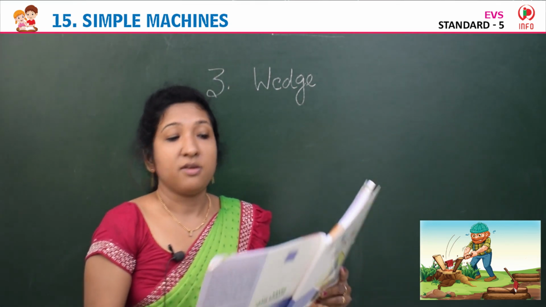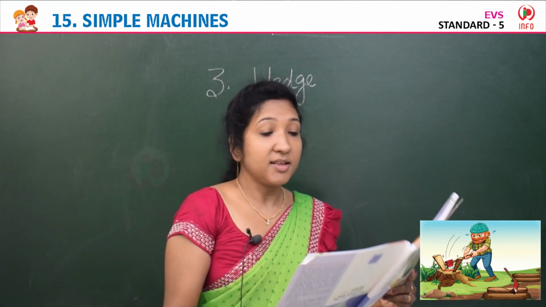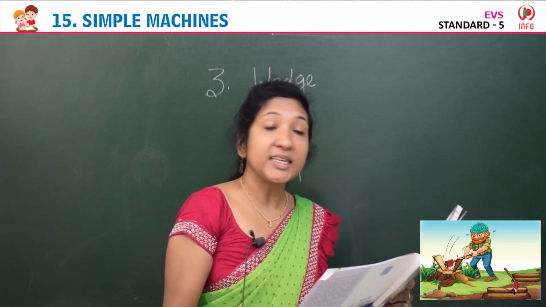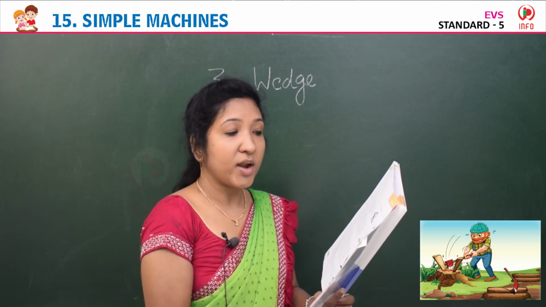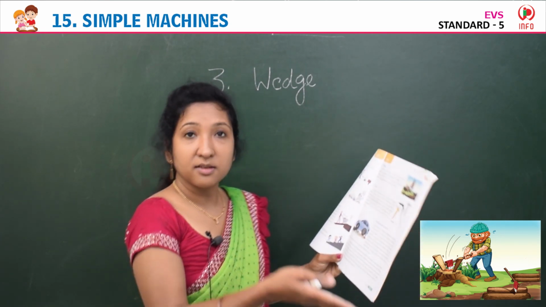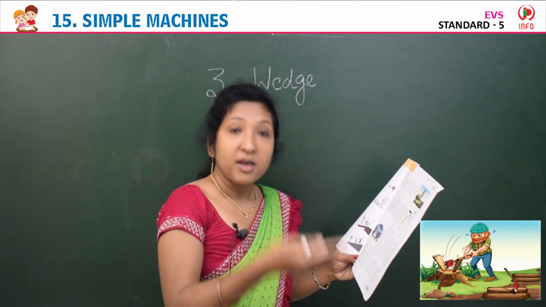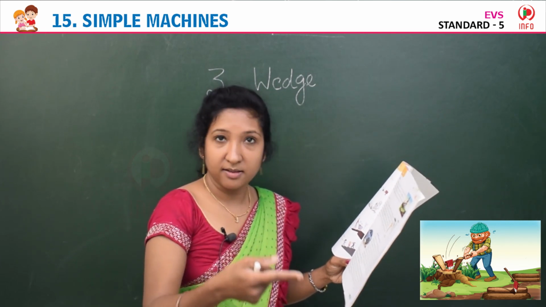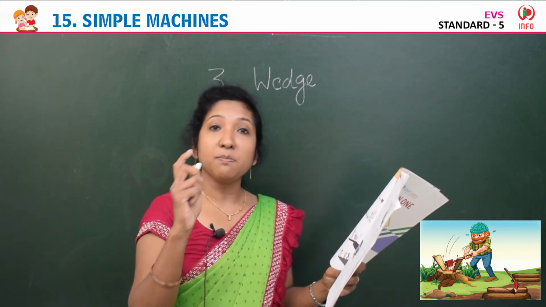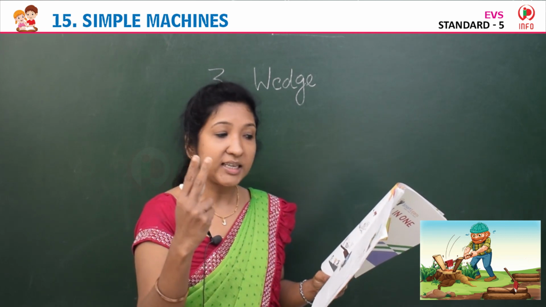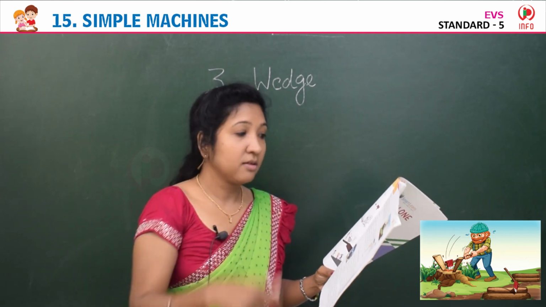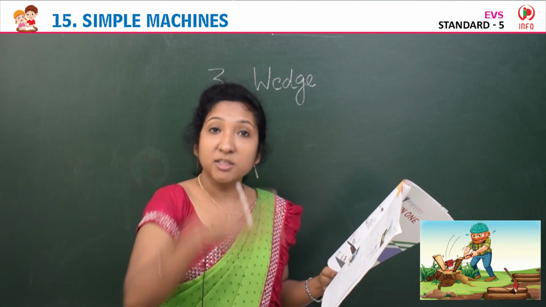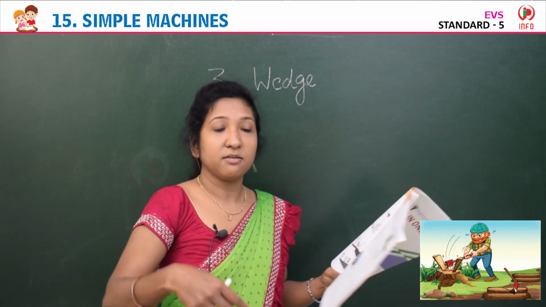A knife, an axe and a chisel act like two inclined planes put together and are examples of wedges. We can see in the picture knife, axe, chisel. Okay, it is a simple machine. It has two inclined planes. The sharp blade of a wedge helps in splitting and cutting. Okay.